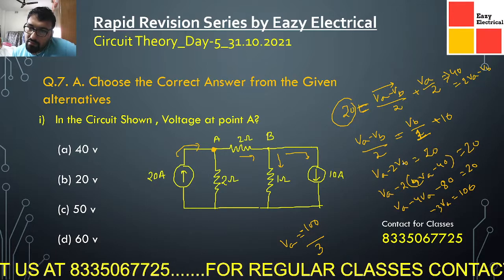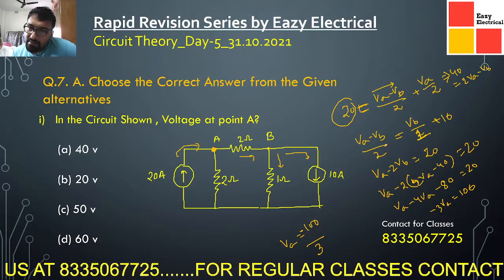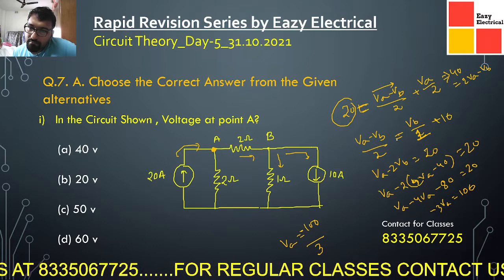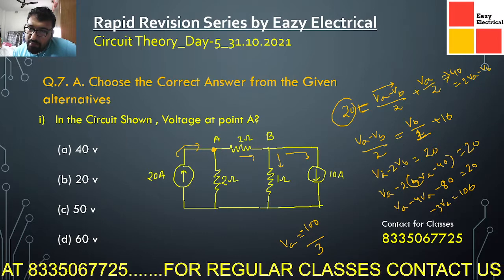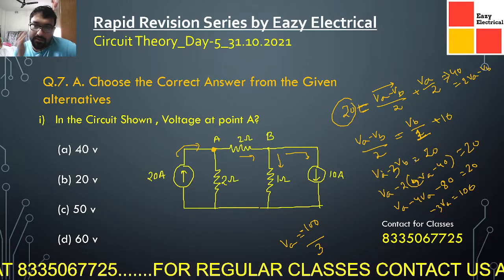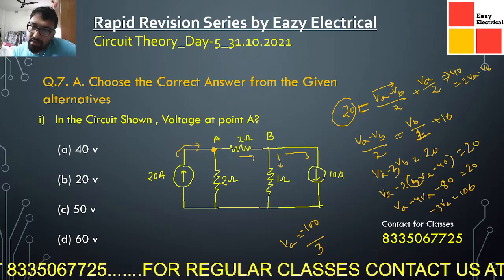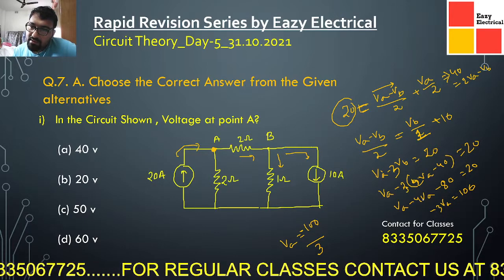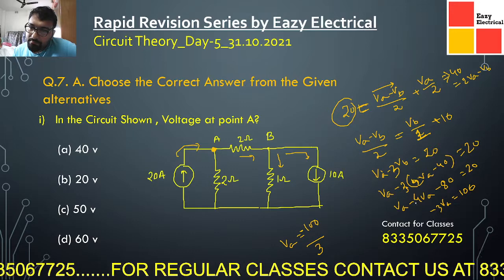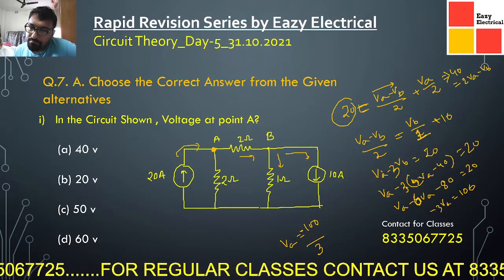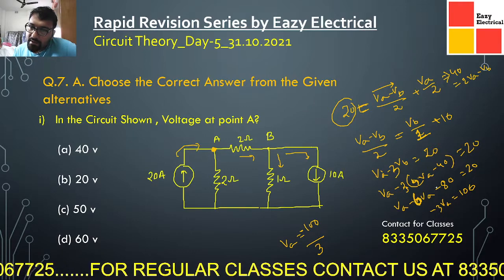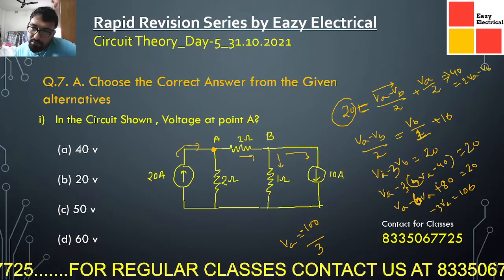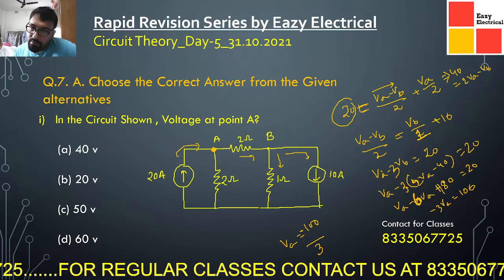So if I take in this direction, it will be VA minus 3 VB equals 20. That means this is 3. If this is 3, that means this is 6 VA, right? And this is minus 3 into 40, plus 120.